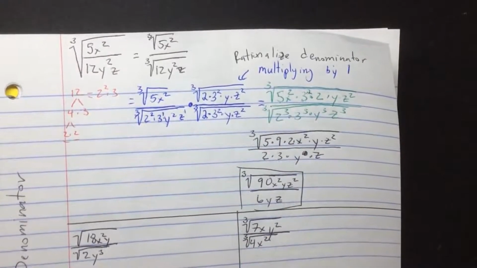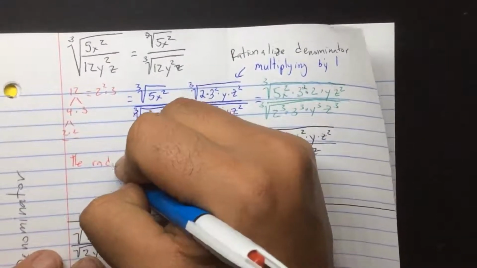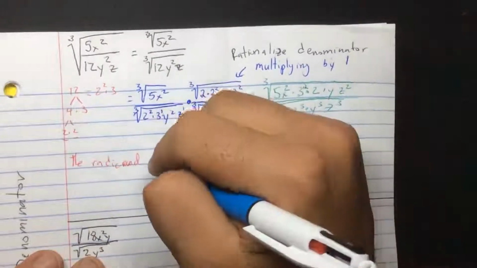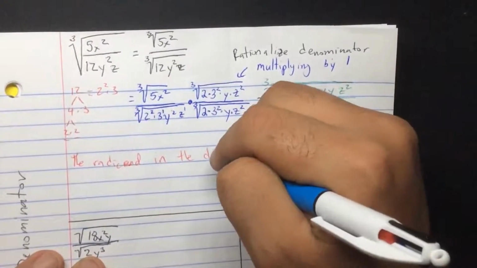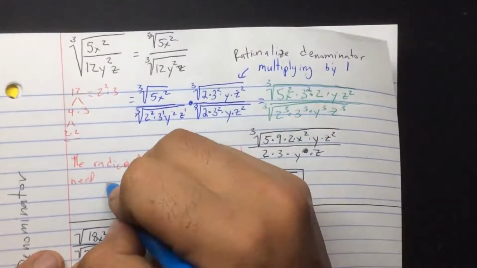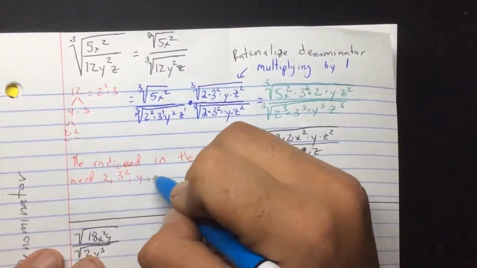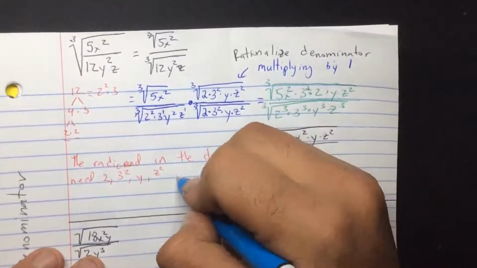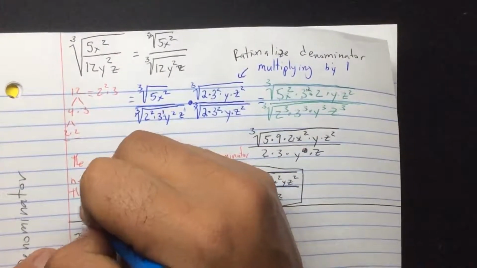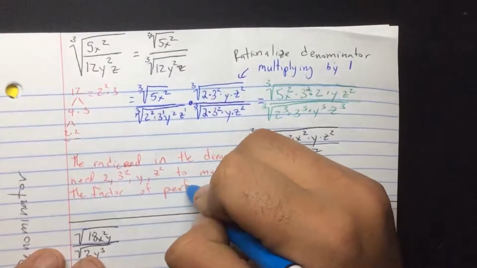Okay, and the reason is because, for this one, the radicand, R-A-D-I-C-A-N-D, sorry for my wonderful writing, in the denominator needs, the numbers we had was, we needed a 2, we needed a 3 squared, we needed a y, and we needed a z squared to make factors of perfect cubes.